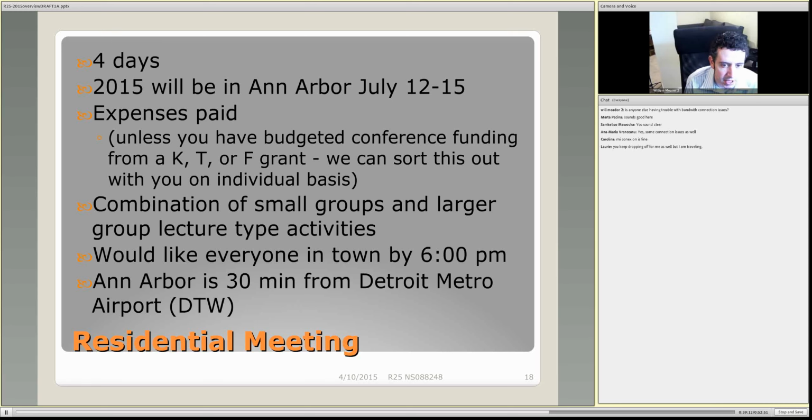There'll be a combination of both the small group meetings where you'll meet with the people you've met virtually in person, and then we'll have some larger group lecture type activities. Some of the small group activities will be focused on the development of your trial idea, and some of it will be on other exercises to improve your skills in coming up with a budget or a schedule of events.